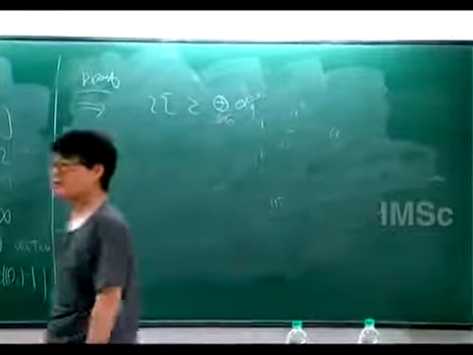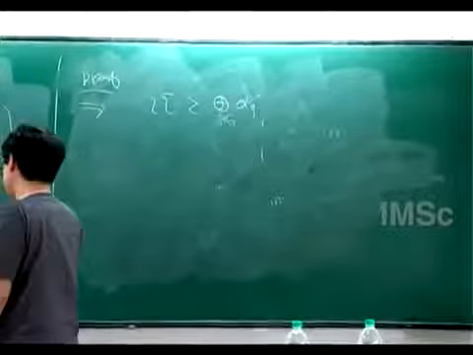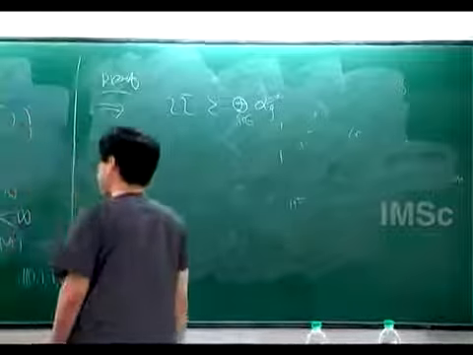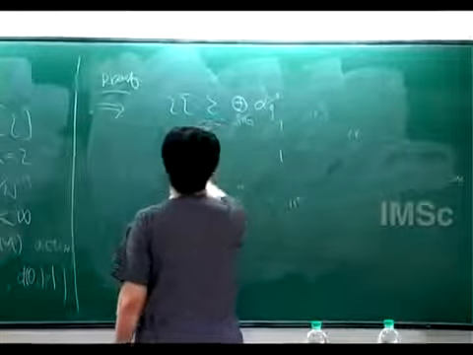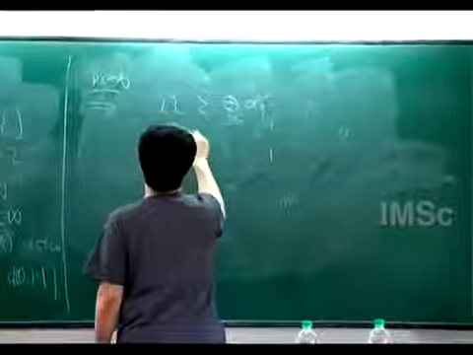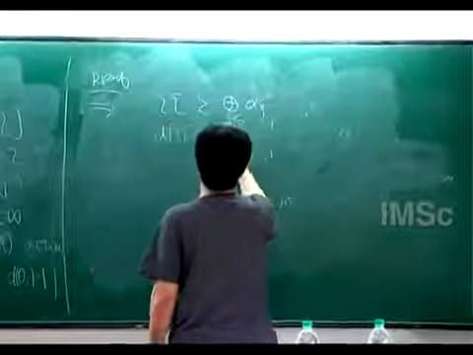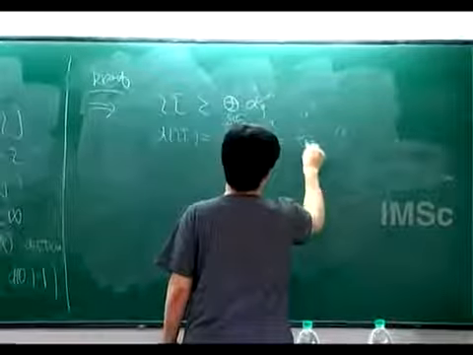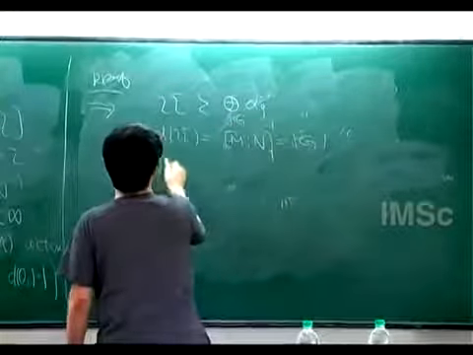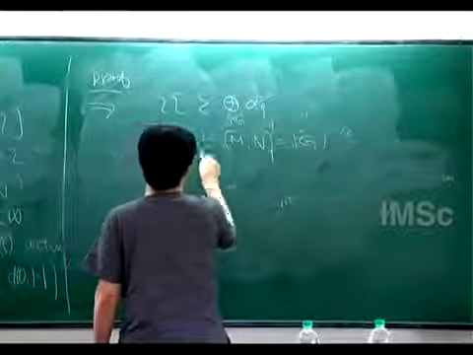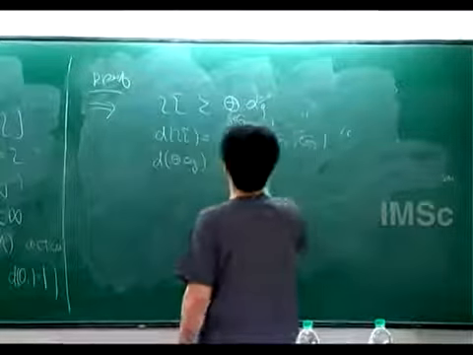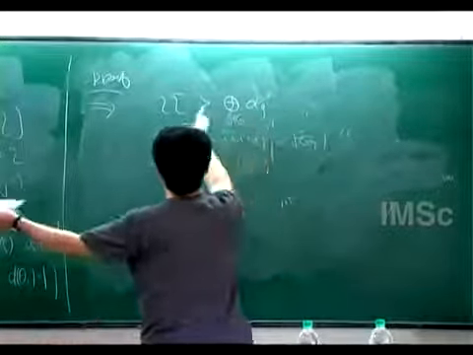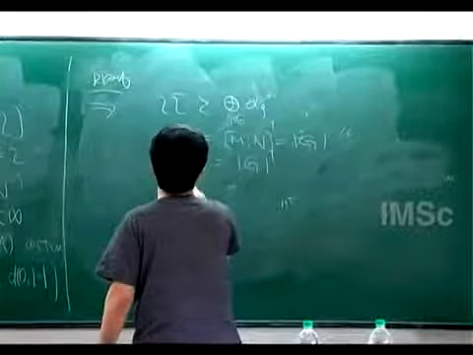But if you compare the dimension here, this index is just the cardinality of G. And the right-hand side, you compute this index, and this is again the cardinality of G. So both sides have the same index, so it means that this is an equality.